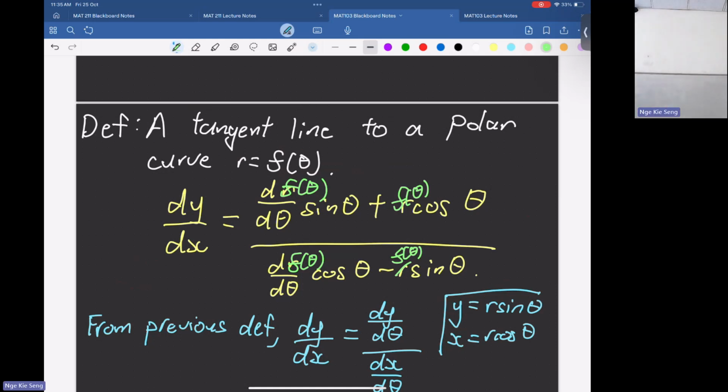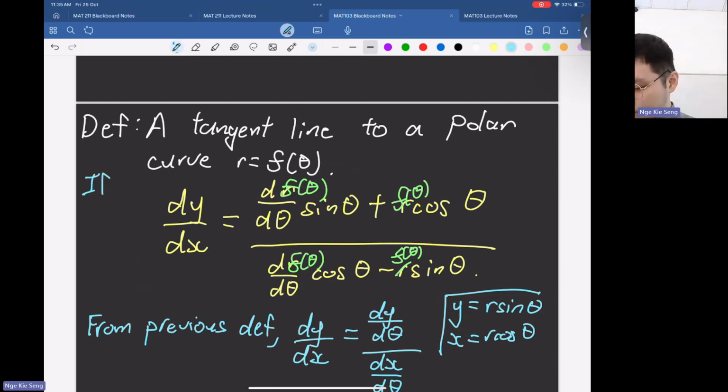If your f theta is 1, you are also left with negative cos theta over negative sin theta. The formula comes out directly. Okay? Understand?